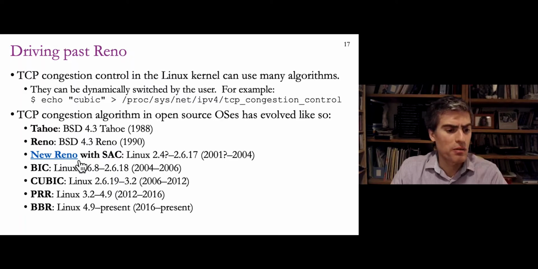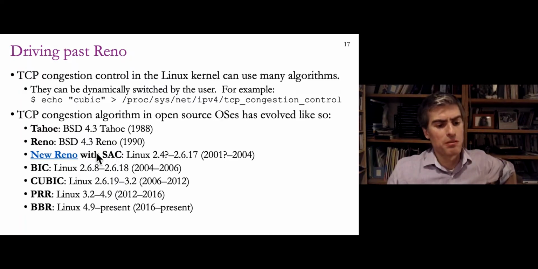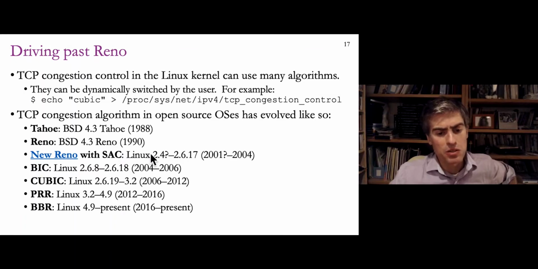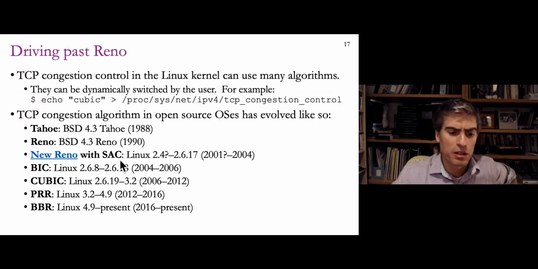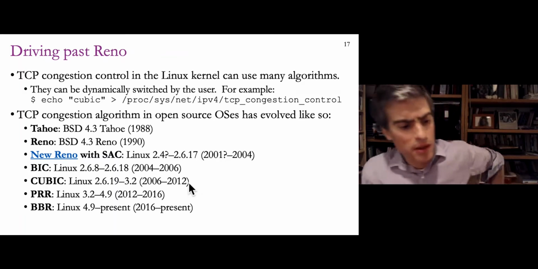A minor variation of Reno, with a couple of changes, was still used in Linux when Linux rose to popularity in the late 90s and through the early 2000s, up until 2004. Linux was using a variation of Reno, but then afterwards it used this binary increase alternative, BIC. Cubic is a variation of that, used up until 2012.